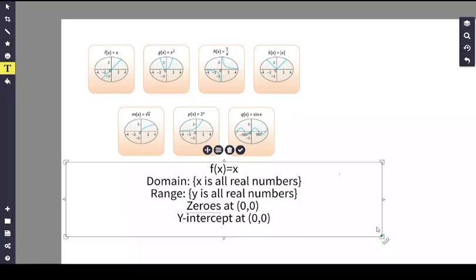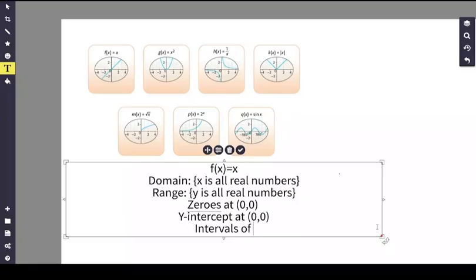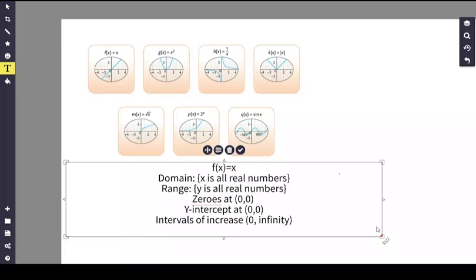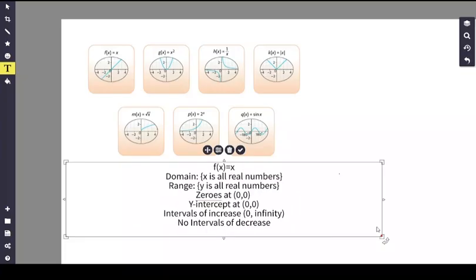And what else do we need to talk about? Intervals of increase from 0 to infinity, so it always increases. No intervals of decrease. And is this function an odd function or an even function?